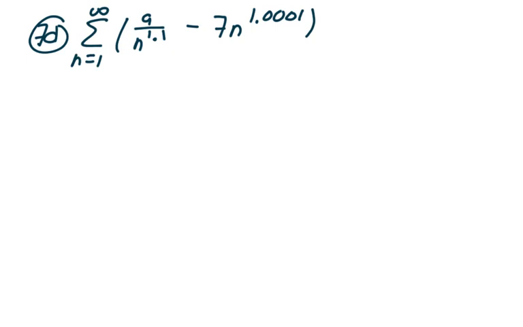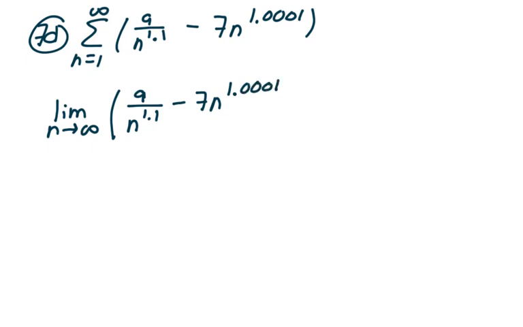This one is not as bad as it looks, because I'm going to look at the limit as n goes to infinity of 9 over n to the 1.1 minus 7 n to the 1.0001. And this is negative infinity, which doesn't equal 0.